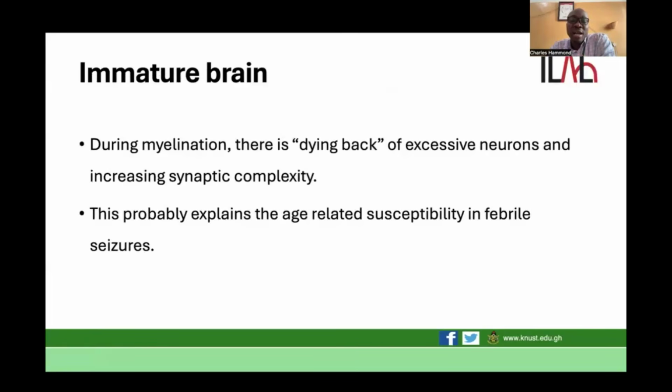It has been hypothesized that during myelination, there is a dying back of excessive neurons, and there is also increased synaptic connectivity, making the brain highly excitable during that period. This probably explains the age range of 6 months to 6 years. We know there is very little myelination before 6 months, and after 6 years, there is almost no myelination.